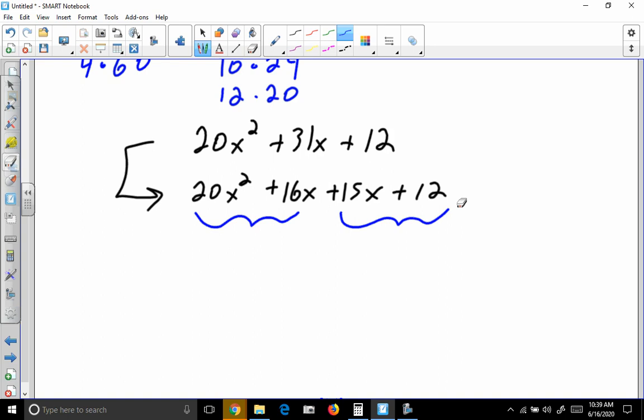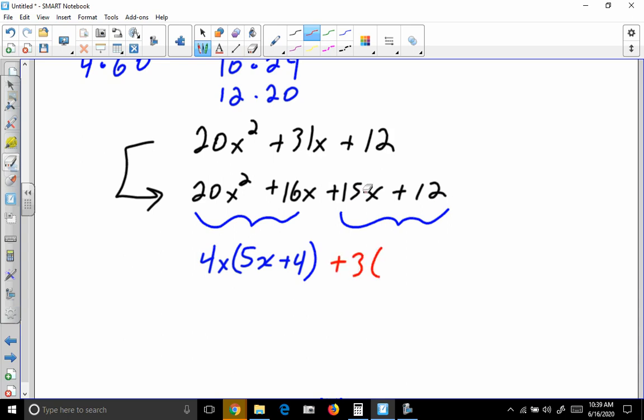Now notice what happens here. There's not a common factor that everything has, but going back to the first section, 4 terms, sometimes we can factor by grouping. So if we look at the first two, they have a 4 and an x in common. If we take a 4x out, we're left with a 5x and a 4. Those two have a 3 in common.